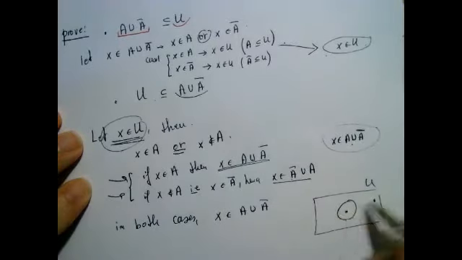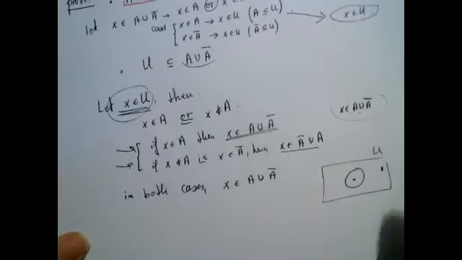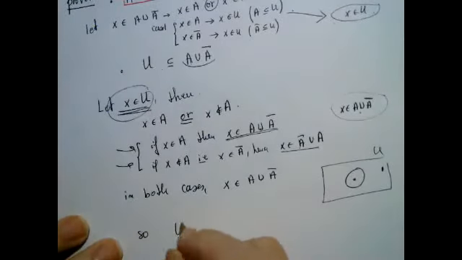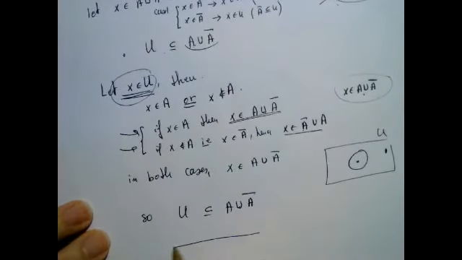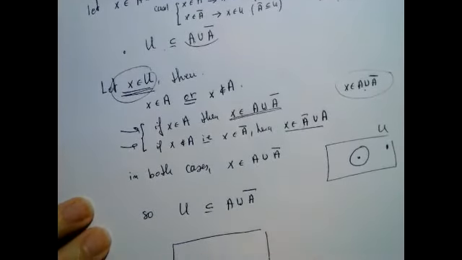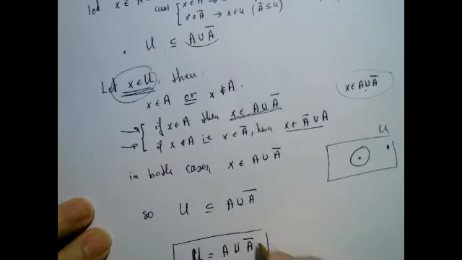If it is here, it's in A union A complement. If it's here, it's also in A union A complement. So U is a subset of A union A complement. And since we proved both inclusions, the universe is equal to A union A complement.